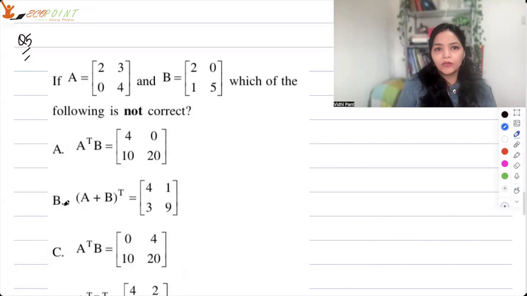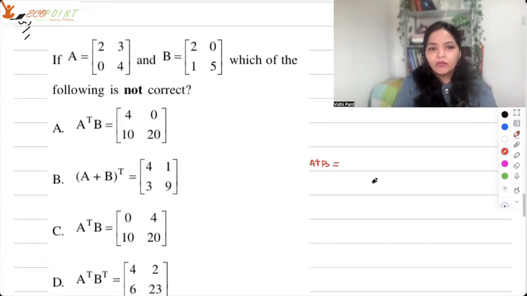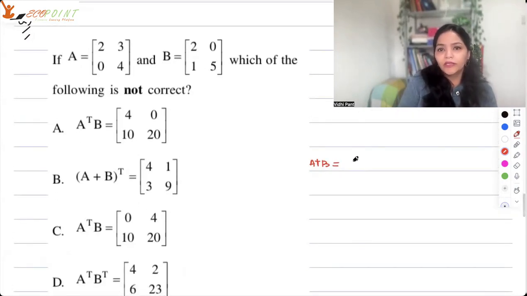Next question from matrices. A is 2304, B is 2015. Which of the following is not correct? A transpose B turns out to be this. A plus B transpose turns out to be this. See, A plus B is very simple to do. In this question, they're talking about A plus B, and they're talking about A transpose B, the product.